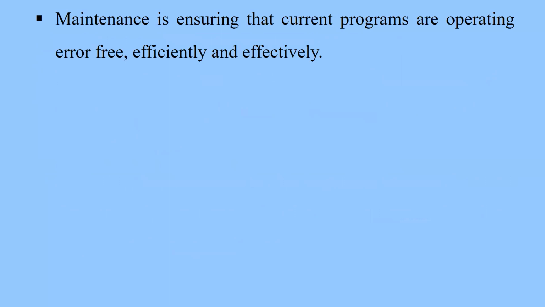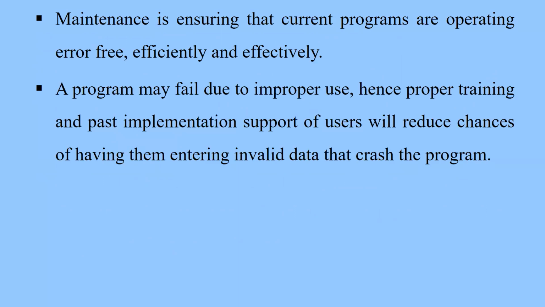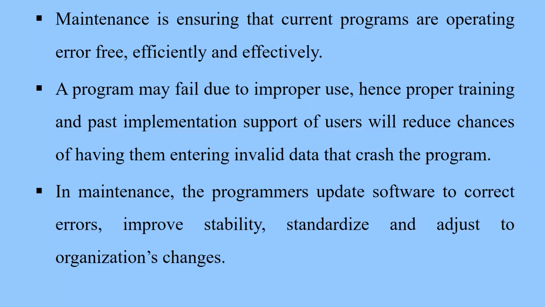Maintenance is ensuring that the current programs are operating error-free, efficiently, and effectively. A program may fail due to improper use, as proper training, post-implementation support of users will reduce chances of them entering invalid data that crashes the program.